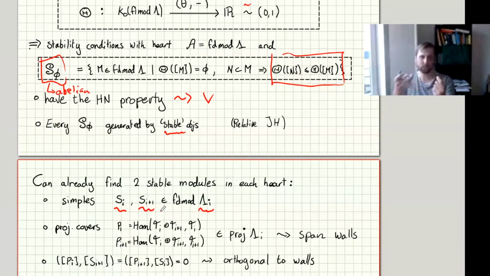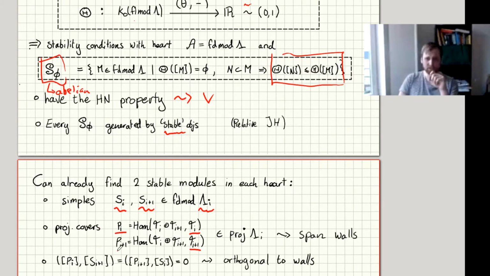That has no sub-objects, so it's automatically stable. And this is orthogonal to the summands of the tilting object.